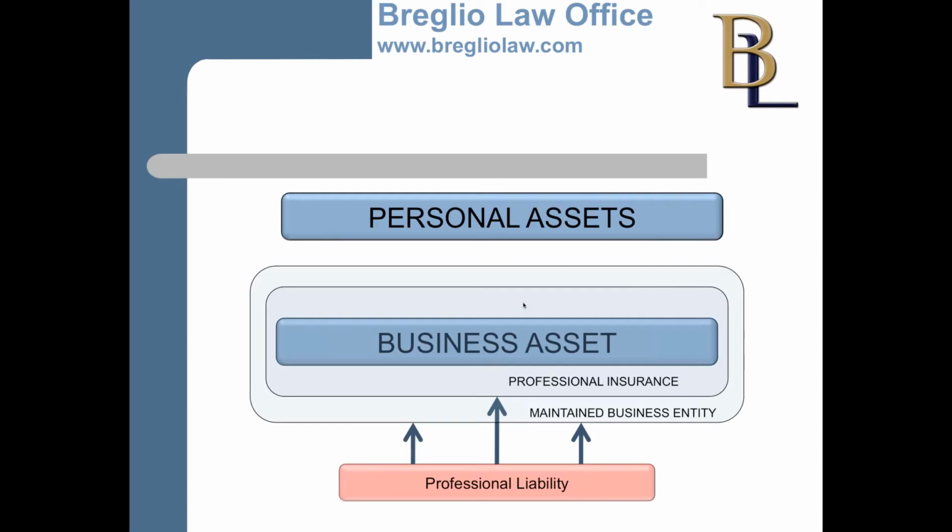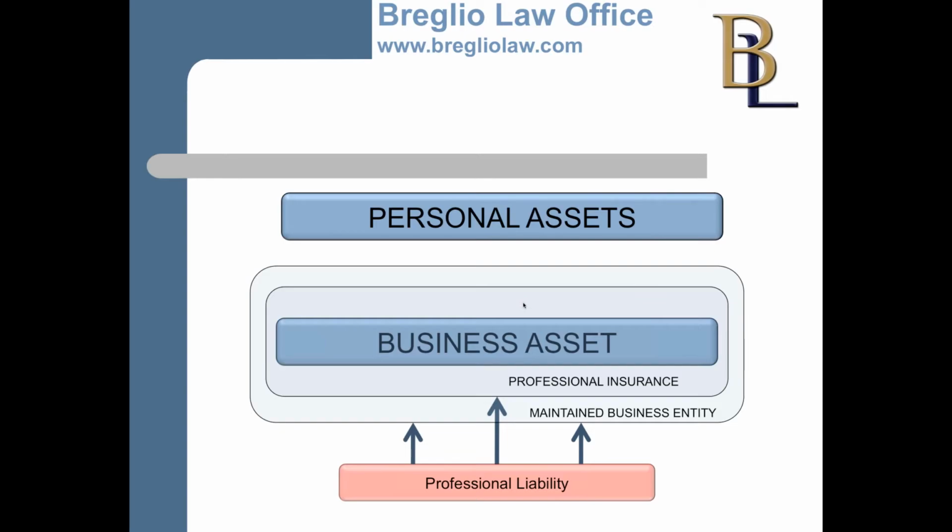So the way we protect these business assets is through a maintained, properly set up business entity that provides protection. Professional insurance, we always recommend insurances, and that will help protect those business assets from professional liability.